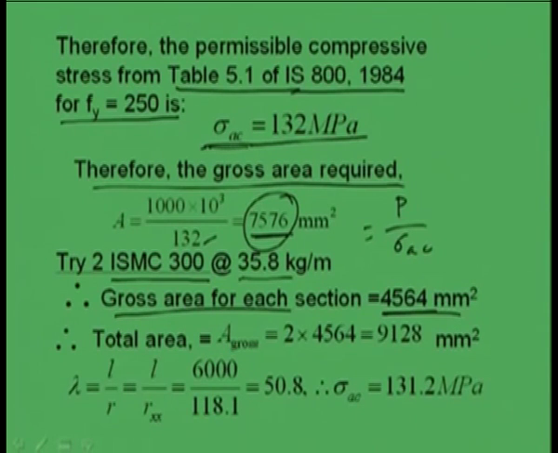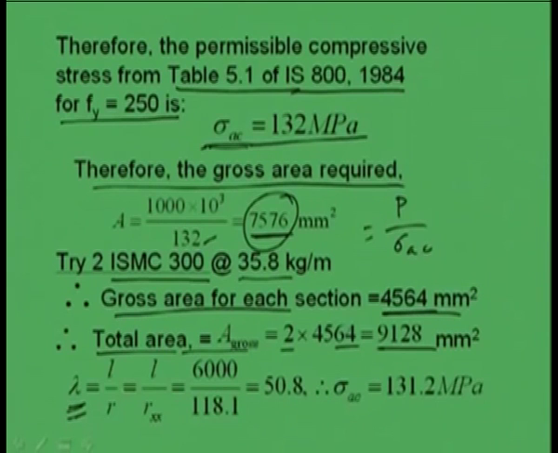So, the total area is 2 into this, equal to 9128 millimeter square, whereas we need 7576. That means we are using a little higher side. Now, with this channel section we have to check whether the allowable stress is greater than the developed stress or not.